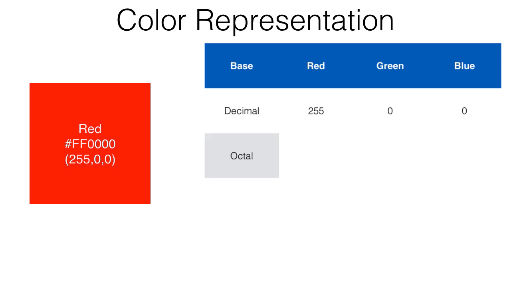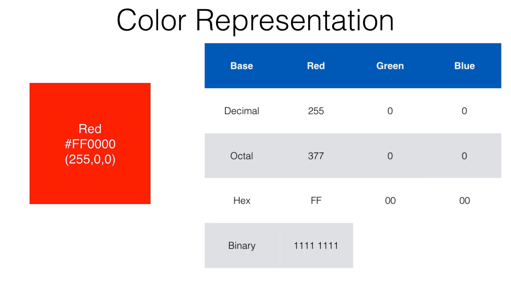Then for octal, see, I didn't cover octal, did I? That would be 377. So 377 would be the red. The green is 0. The blue is 0. For hex, the red is FF. The green is 00. The blue is 00.